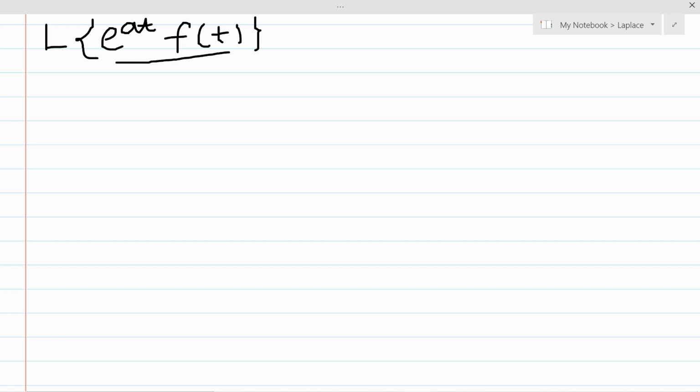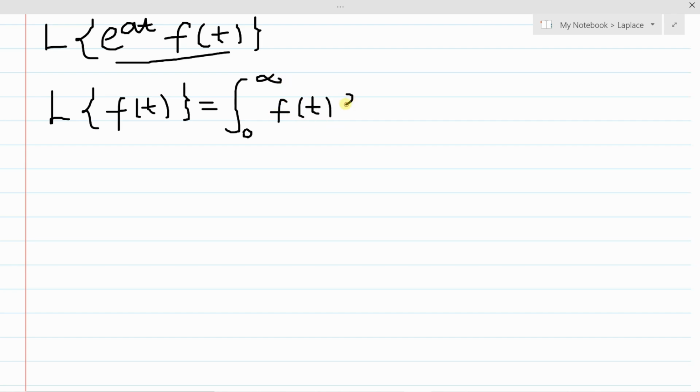If you can remember, the Laplace definition was given as this: Laplace of f of t is equal to the integral from 0 to infinity of f of t times e to the power negative st dt.